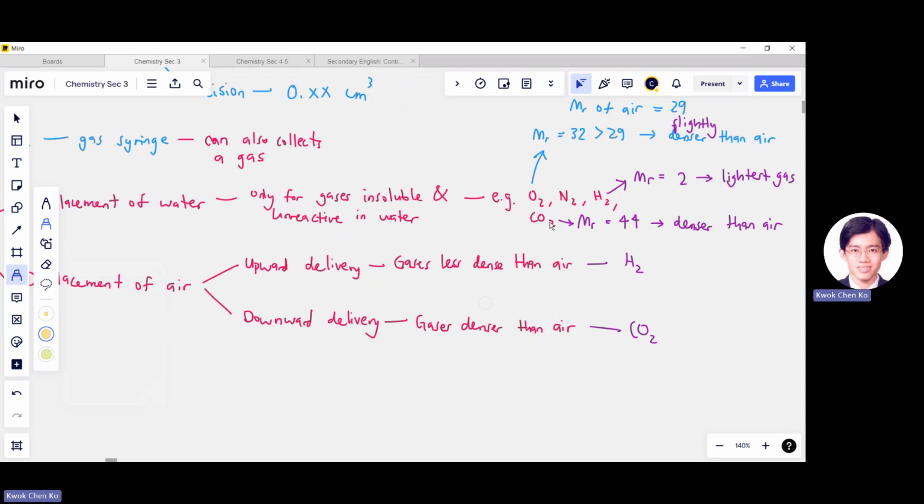Now, I want you to recognize that for some gases like CO2, I can use either method, displacement of water or displacement of air, specifically downward delivery. So take note, it's possible to be used under both methods.